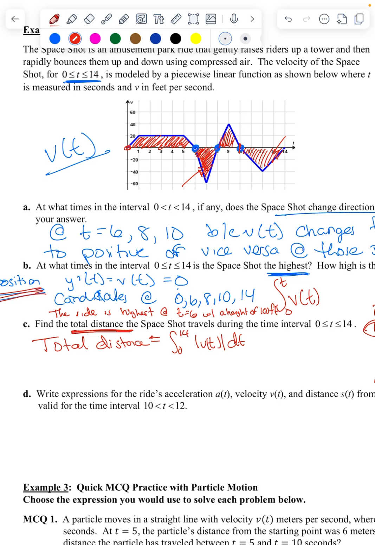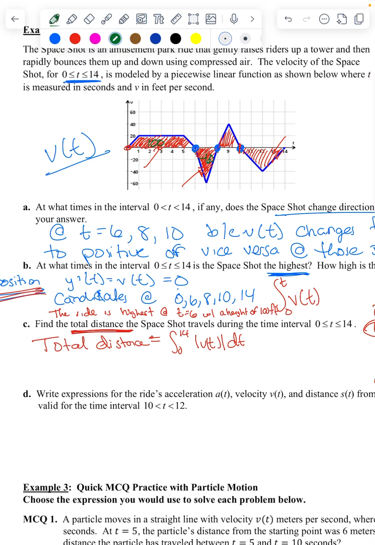So what you have to do is all of these areas, right? We said this guy was 100, this one was negative 60, right? So this was negative 60 from the previous part in the problem.